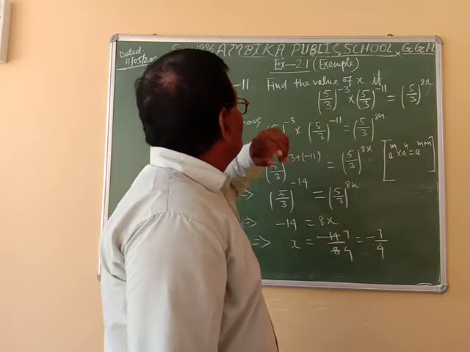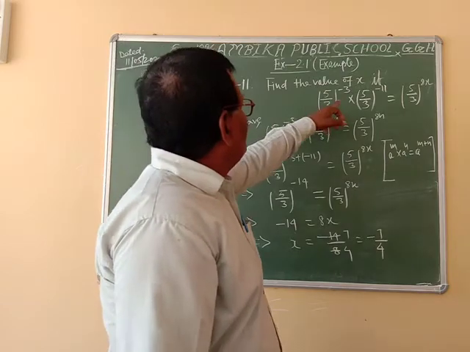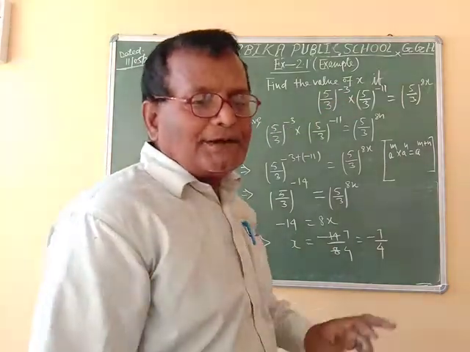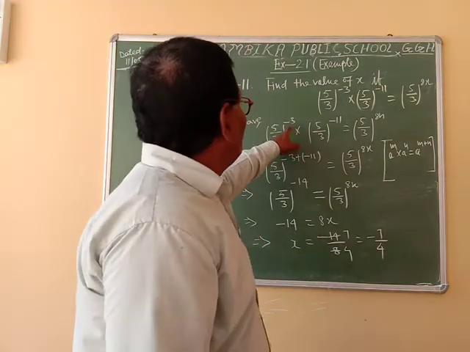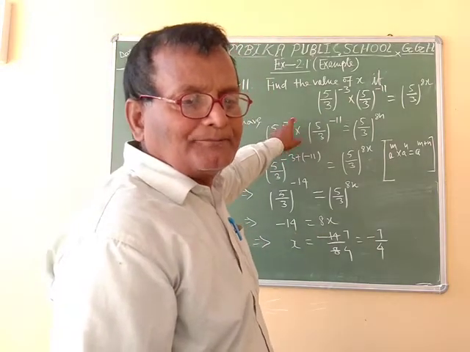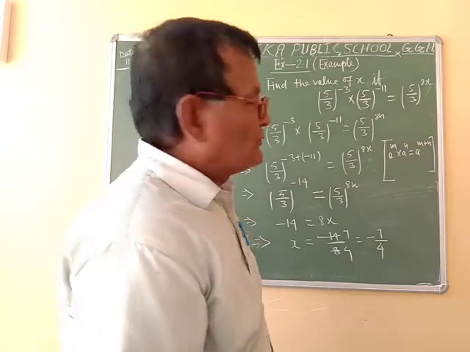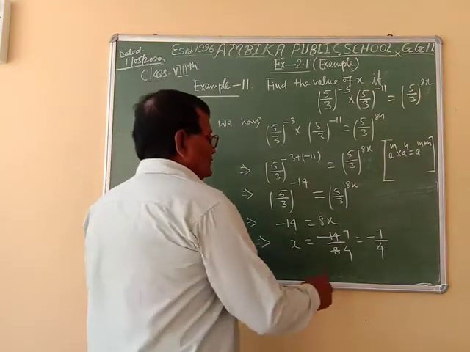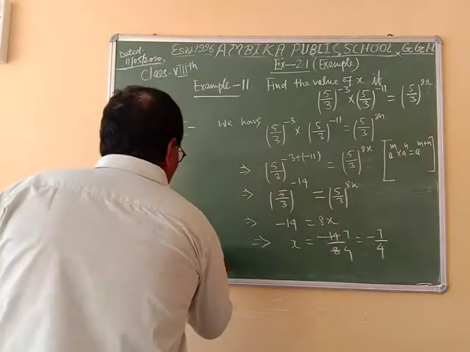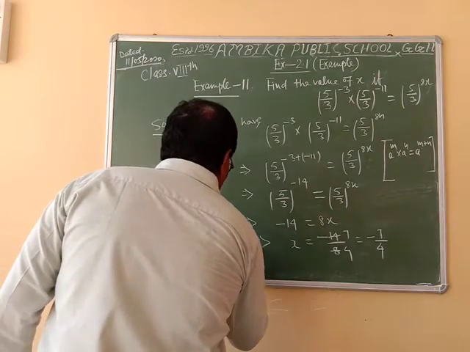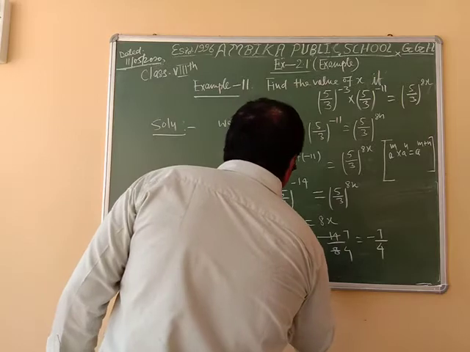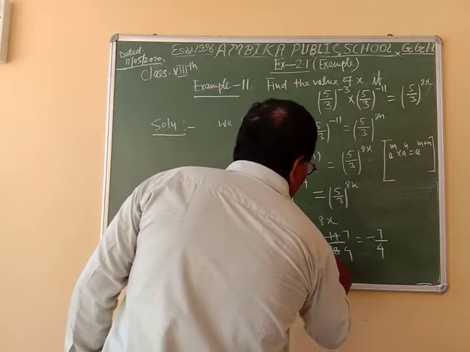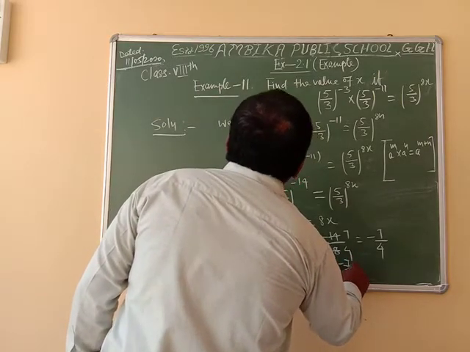Hence the value of x is equal to -7 by 4.